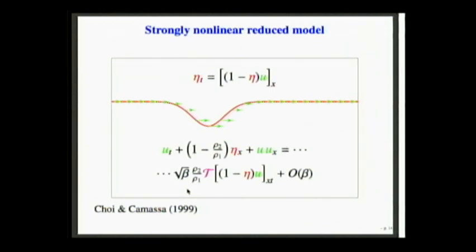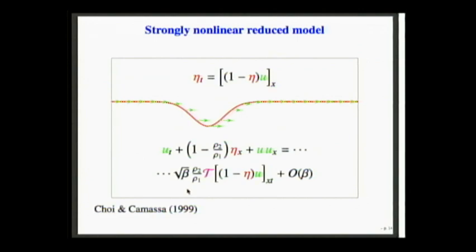So Choi and Camassa deduced this strongly nonlinear reduced model. It is called strongly nonlinear because no assumption on the amplitude of the wave is made. So this should support large amplitude internal waves, in which we have this nonlinear equation, another one with terms similar to the Burgers equation.